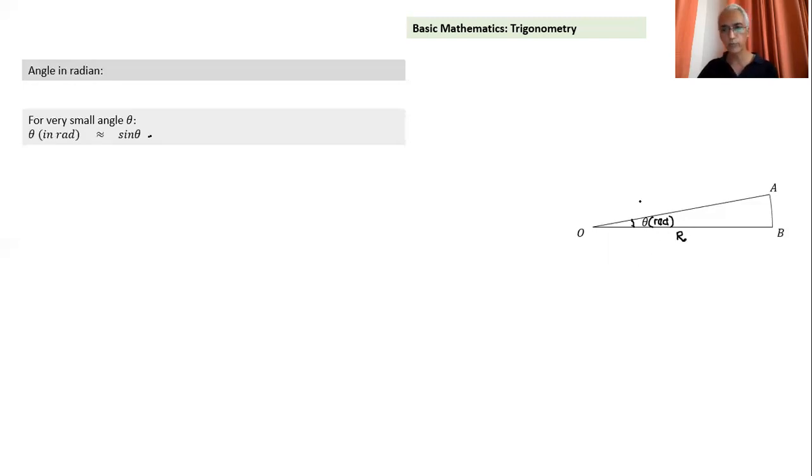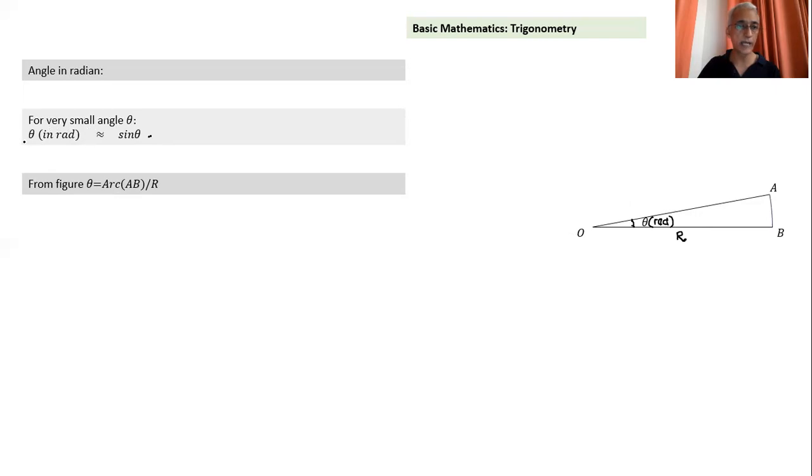We are going to apply that knowledge here. We are not trying to prove, but to get an understanding of where this relationship comes from. Theta is equal to the length of arc AB divided by radius R, and the radius can be OA or OB, both equal to R. That is the value of theta.